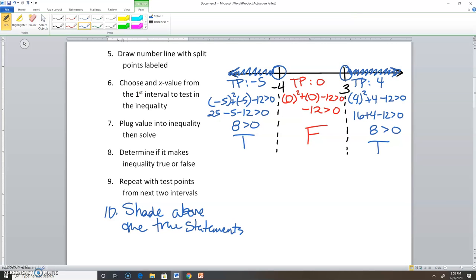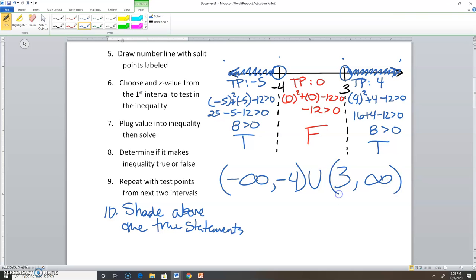So based on our graph, we are running from -infinity all the way to -4. And I'm not including any of them. Then I'm going to go in union with, we're running from 3 all the way to infinity. Okay, and that is my answer.